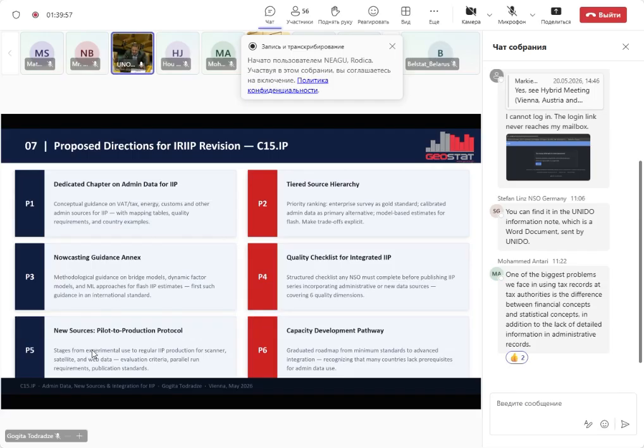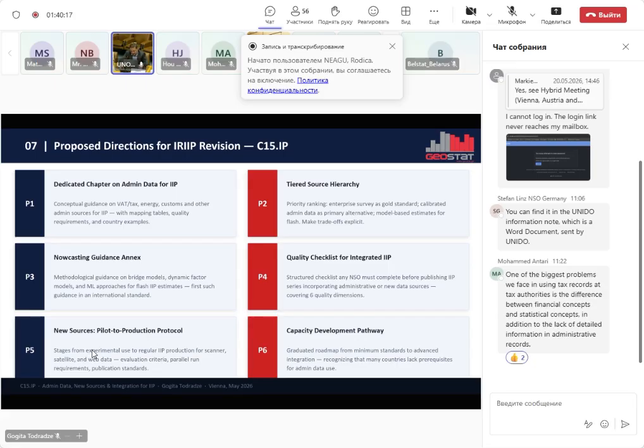Three, a methodological annex on nowcasting covering bridge models, dynamic factor models, and machine learning approaches. This would be the first such guidance in any international statistical standards.